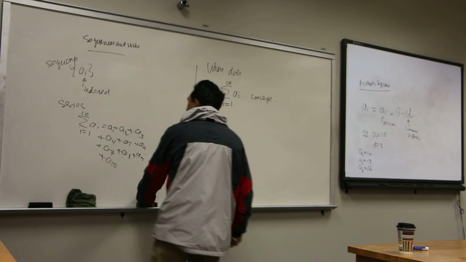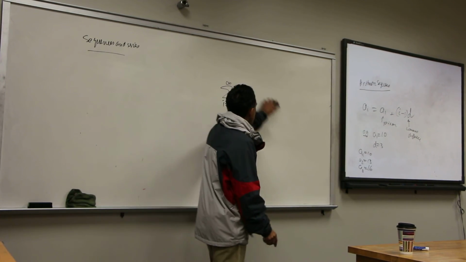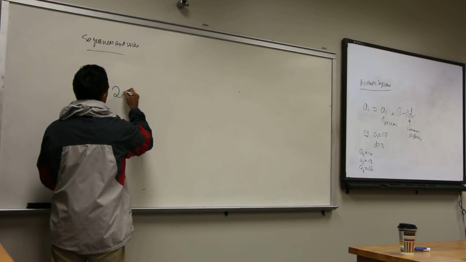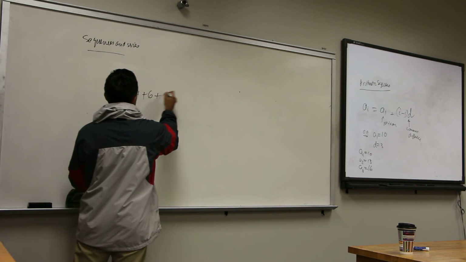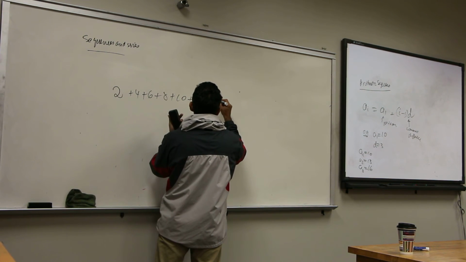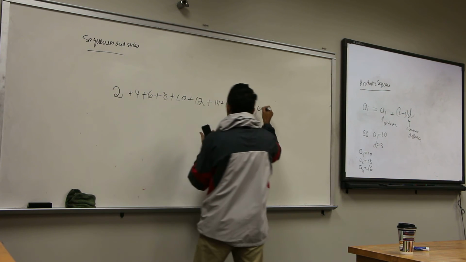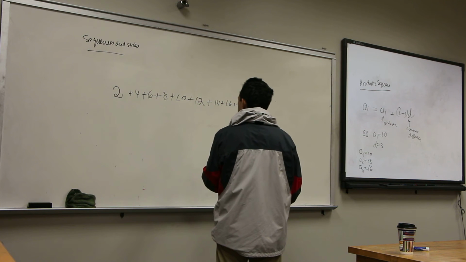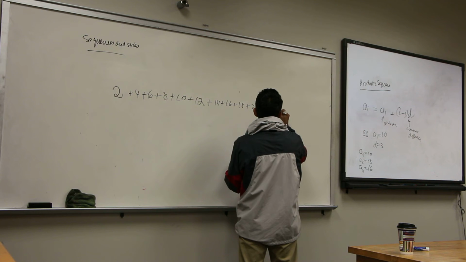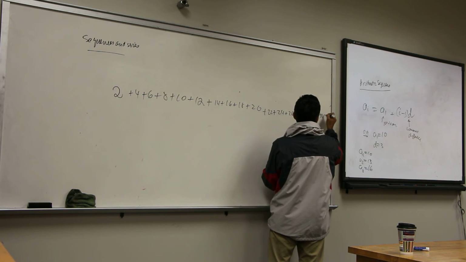So here is an arithmetic sequence. 2 plus 4 plus 6 plus 8, 10, 12, plus 14, plus 16, well, now, what's 198 plus 200?